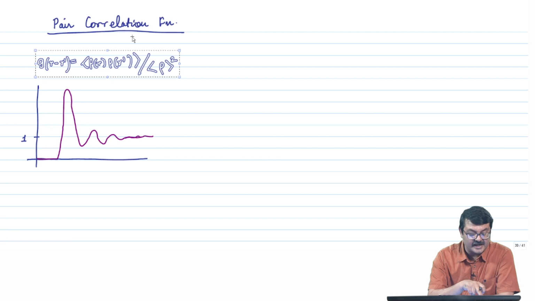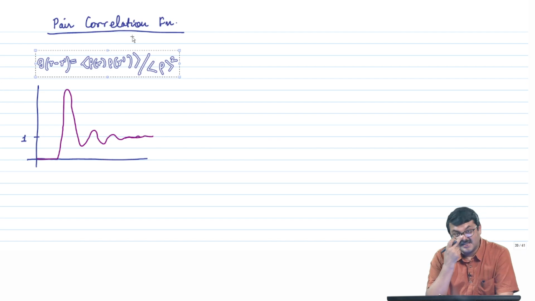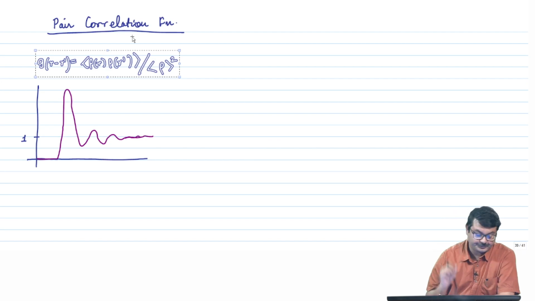So, the density at point r and the density at point r', and you are taking an average expectation value over it and normalizing by the average density squared.